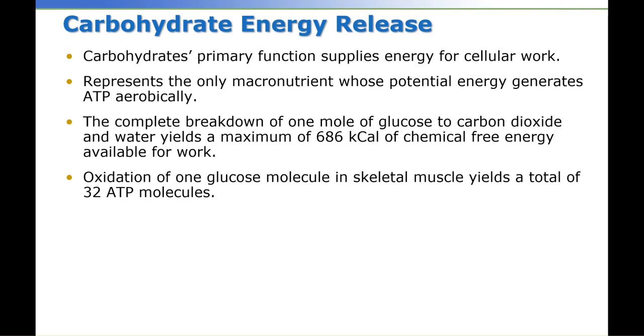So oxidation of 1 glucose molecule in skeletal muscle yields a total of 32 ATP molecules, okay? And that's assuming there is oxygen present. That's one of the reasons why you need carbohydrates for anaerobic vigorous activity, because that's the primary energy source of that.